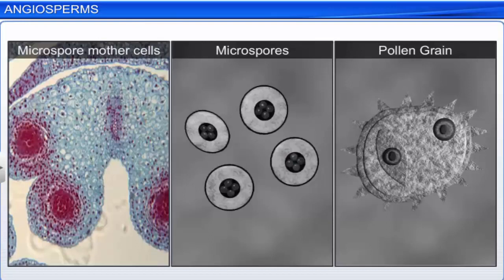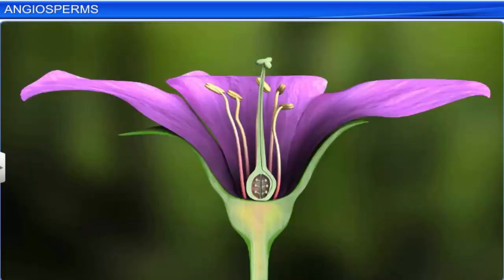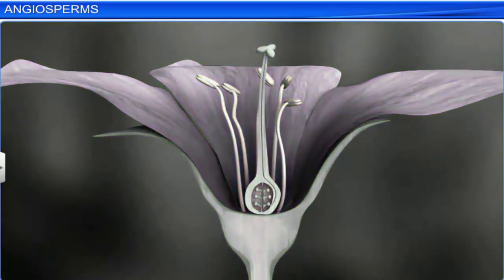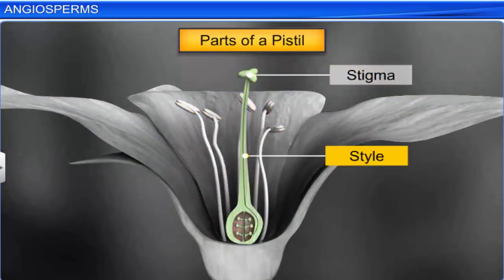These mother cells undergo meiosis to produce microspores, which then develop into pollen grains, the male gametophytes. The pollen grains are produced inside the anther. On the other hand, the pistil consists of the stigma at the tip, followed by the style in the middle and an ovary at the base.